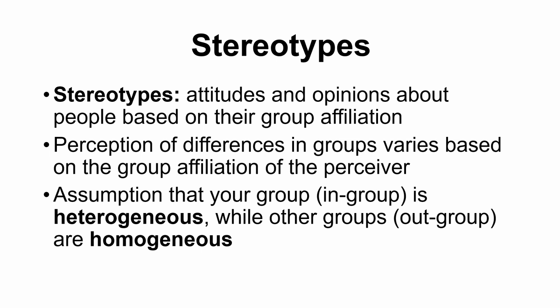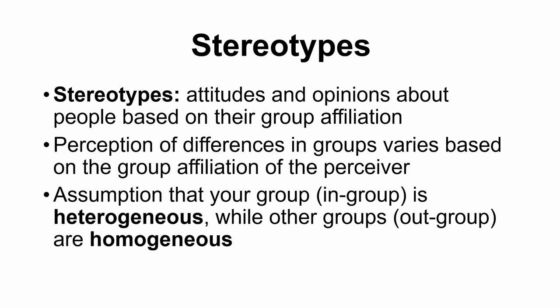So you view yourself and the rest of your group as having lots and lots of differences. But you tend to view other groups, the out group, so the people who are not you, as homogeneous, where they all fit a particular trait, whether it's a physical characteristic, a shared attitude, a religious affiliation, or common ideologies. So whatever you're using to group people into these different groups, you assume that your group has lots of variety in it and other groups are homogeneous and identical.